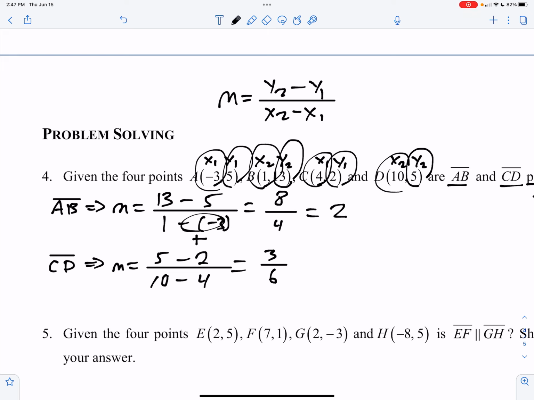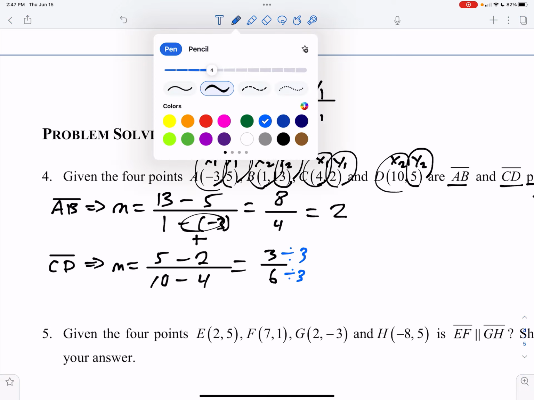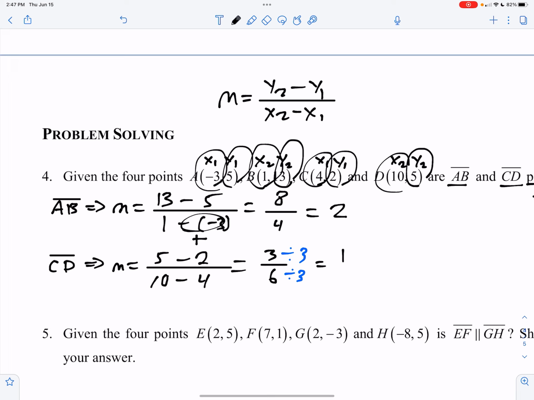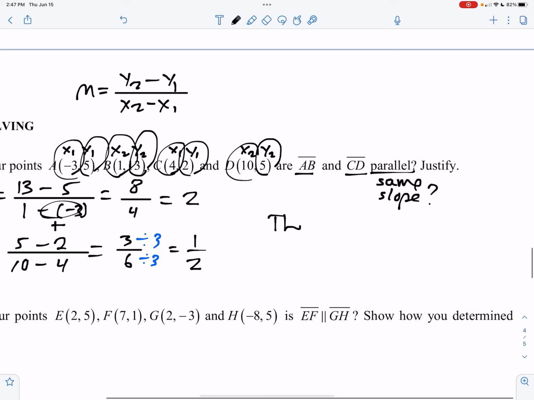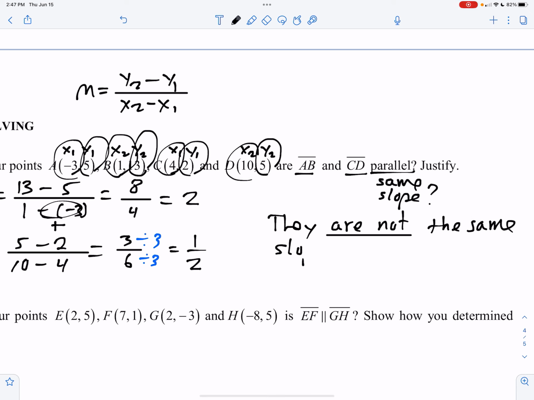Reducing this, I'm dividing both by 3, and you can see I get 1/2. Well, they are not the same slope. Therefore, they are not parallel.